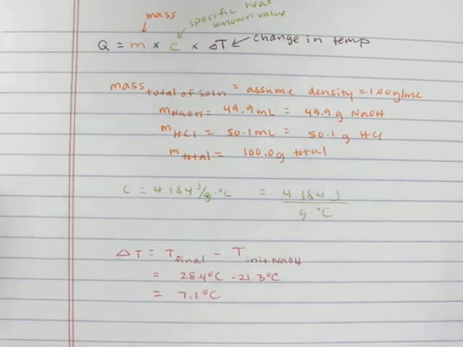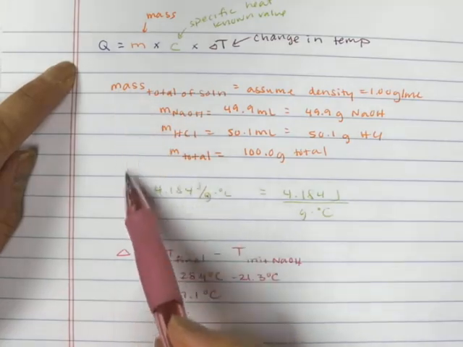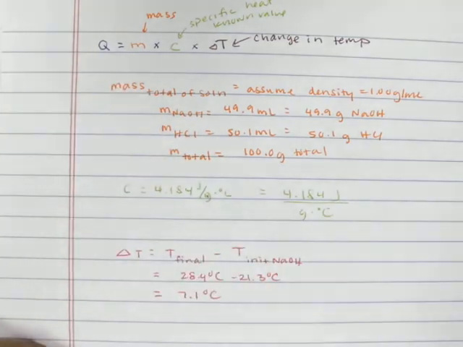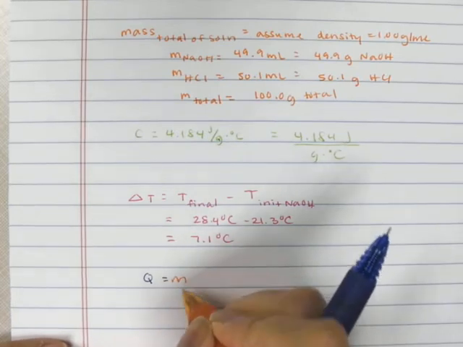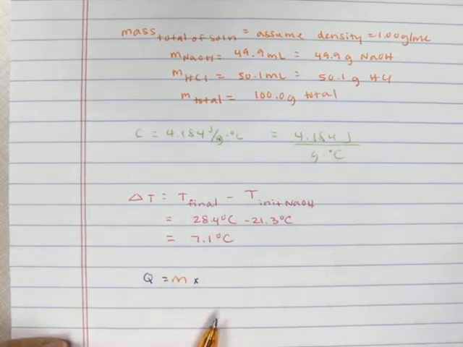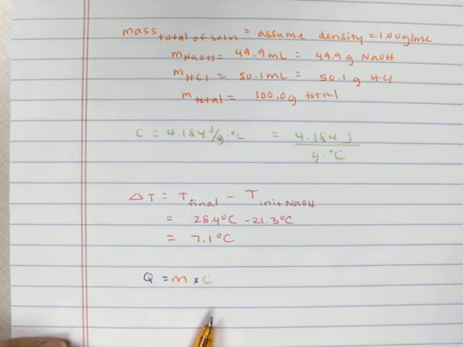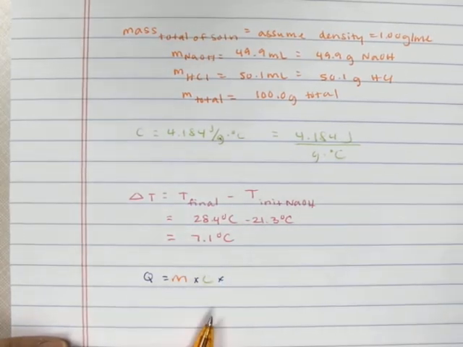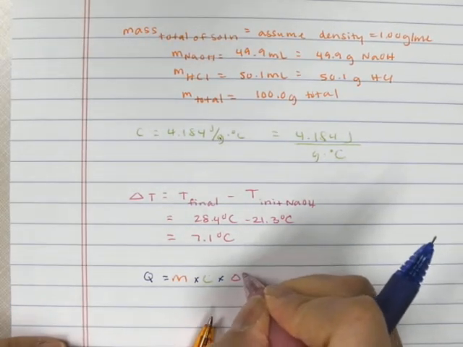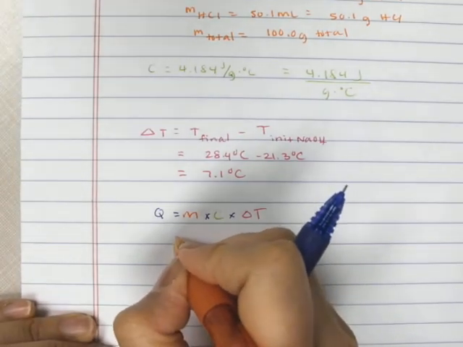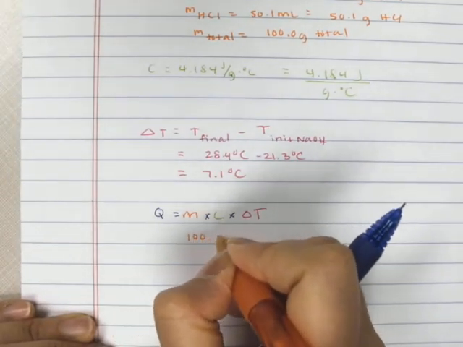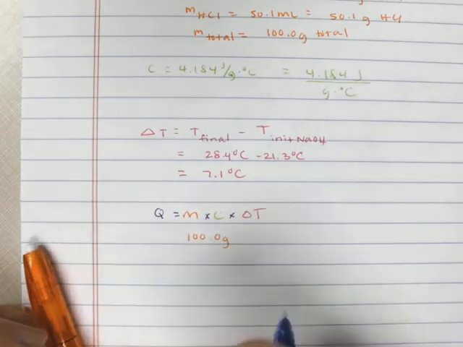Okay, so to get Q, we just have to plug all of these into the equation. So again, we have Q equals m times c times delta T. So our mass is 100.0 grams.